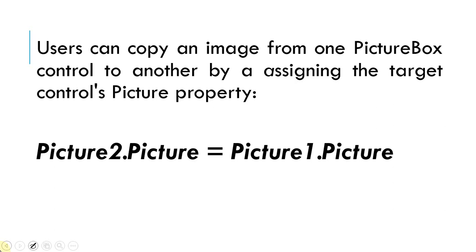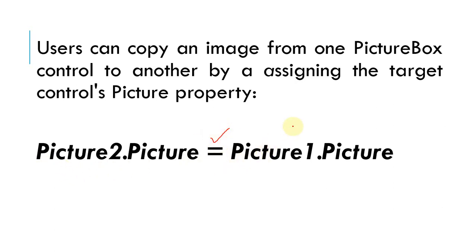So a equal to b means the b value will be assigned to a. Similarly, picture 2 dot picture equal to picture 1 dot picture means the second picture content must be the same as the first picture content. So it is equal. There is an operator, the equal operator.